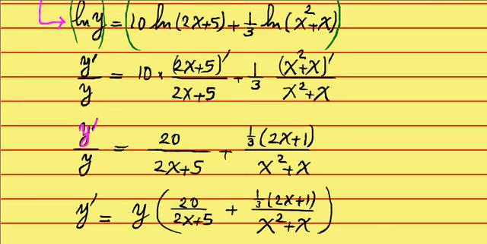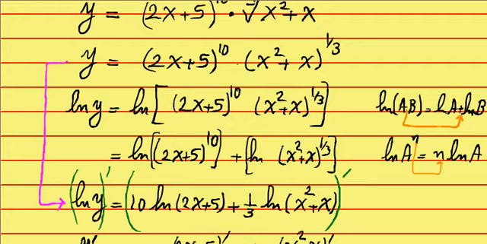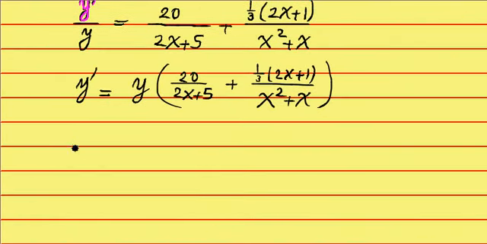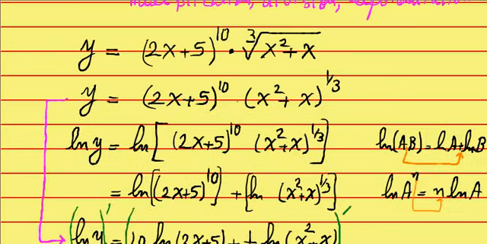If you want, go back and see what y was to begin with. y was all of this, or even this other form of it. That is the y. If you want to write the final answer in its full glory, maybe we want to go back and convert y to its original. It was 2x plus 5 to the power of, I already forgot, it was to the power of 10, I guess.